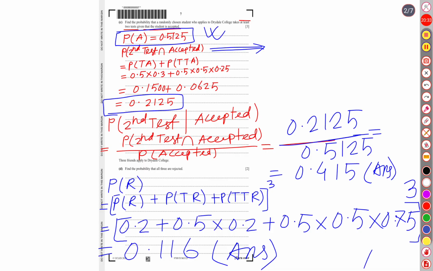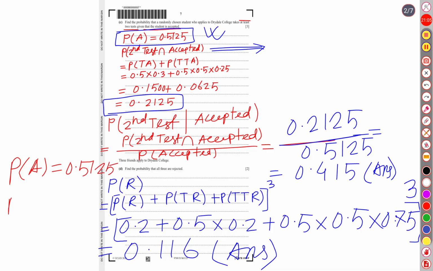There is another simple way to solve this. Look at this, probability of A, probability of acceptability we have already written here. It is 0.5125.